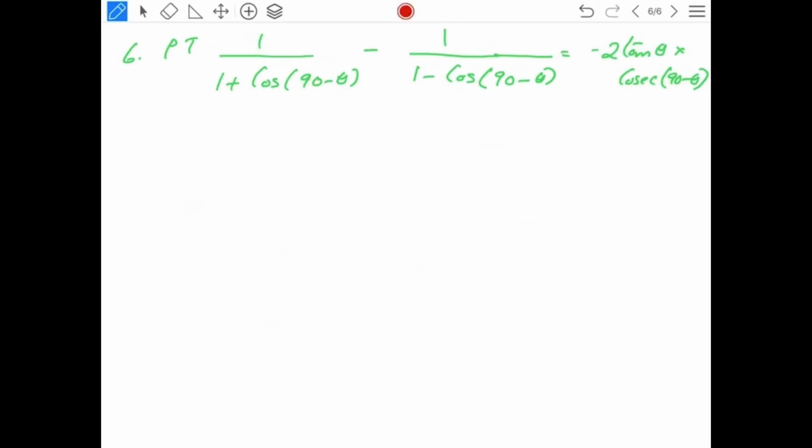Now here, 1 plus cos 90 minus theta. So we'll start with LHS again. Cos 90 minus theta will become sin theta, minus 1 by 1 minus sin theta.